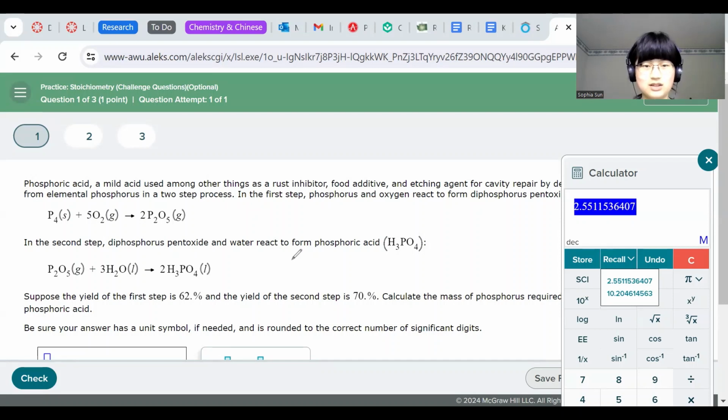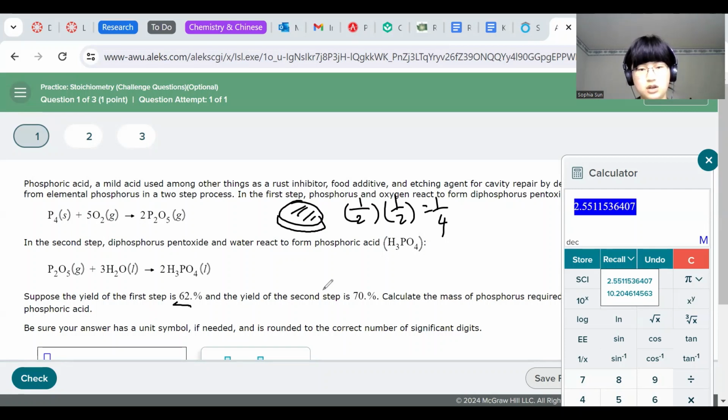But it basically is like, for example, you have a coin and you want to find out the likelihood that you'll hit heads 2 times in a row, you would do 1/2 times 1/2 equals 1/4. But here we're doing something with percentages. However, this concept is still the same.